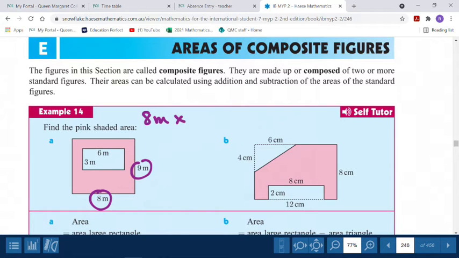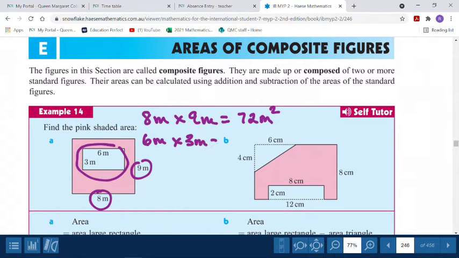So 8 meters times 9 meters, because the formula for a rectangle is length times width, gives me an area of 72 what? Meters squared. Excellent. Now we'll find the area of the shape inside, and that's 6 meters by 3 meters, which is 18 meters squared. And then I'm simply going to do some subtraction. So what is 72 minus 18 getting me, guys?